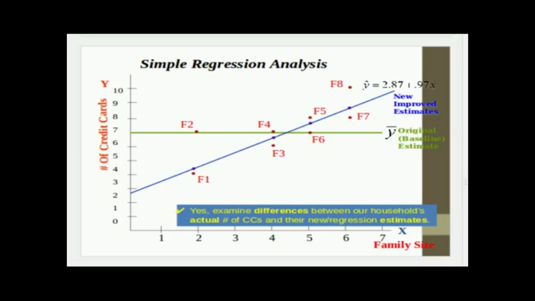We can summarize the steps involved in simple regression analysis as follows. We first calculate the average of the x variable, then in the second step we calculate the difference between each x and the average x.